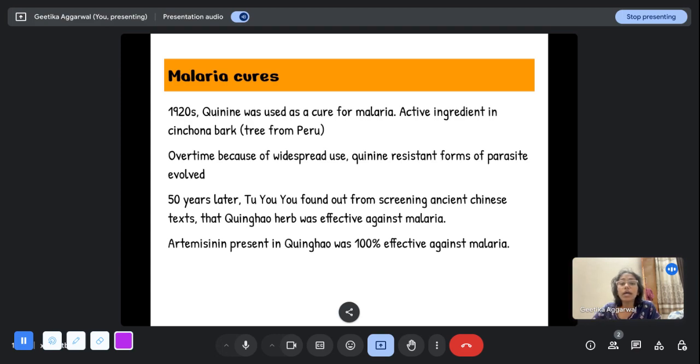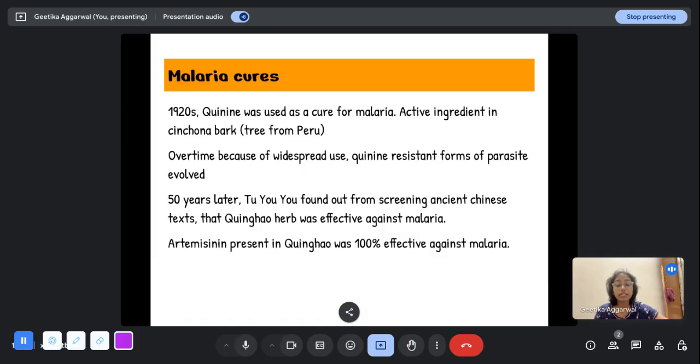And because it was so widely used, eventually we had quinine resistant forms of the malarial parasite, because evolution happens and there is an evolutionary race. If you are trying to eradicate something, that thing will evolve, and that is why resistance develops over time, and now the parasite survives again.